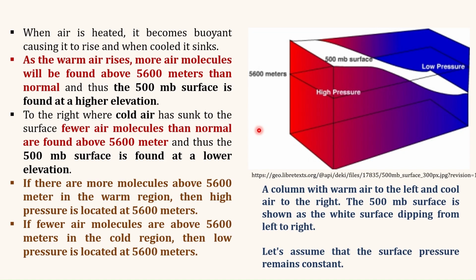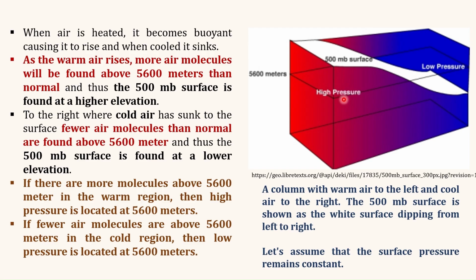Now, with this concept, let us understand a scenario where we have a column with warm air on the left and cold air on the right. And this white surface represents the 500 millibar surface. Let us assume that the atmospheric pressure at the surface is constant. When air is heated, it becomes buoyant and rises up in the atmosphere, while in colder conditions it sinks towards the surface.